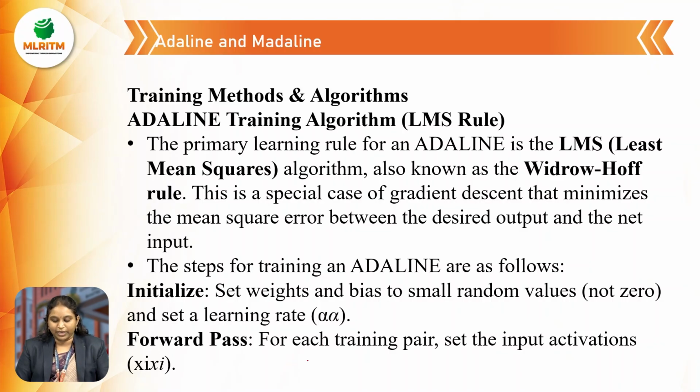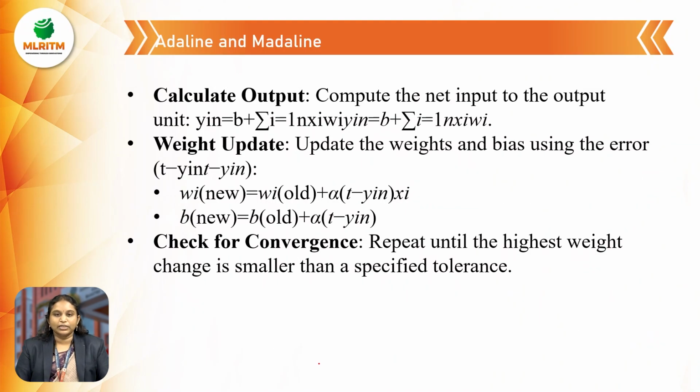For each training pair, we set the input activations xi. Then we calculate the output through the formula, yin, the predicted output, plus bias. This is how we calculate the output.